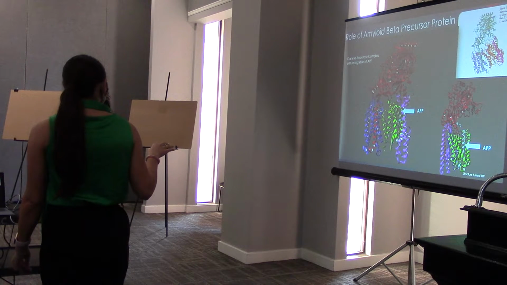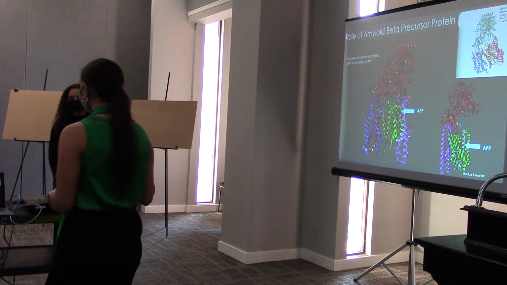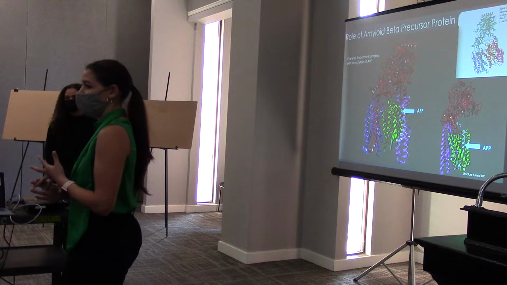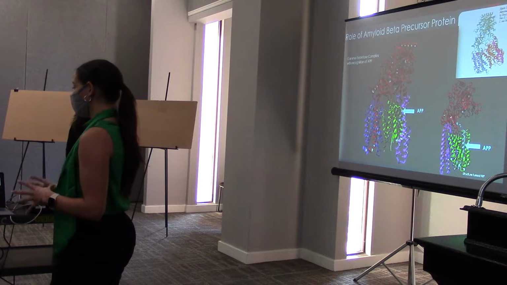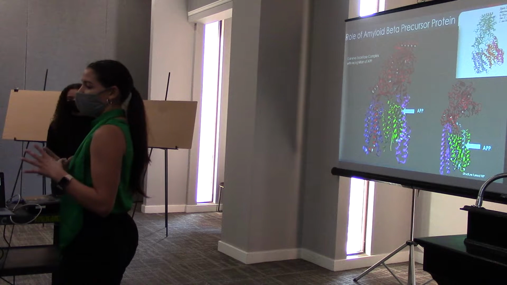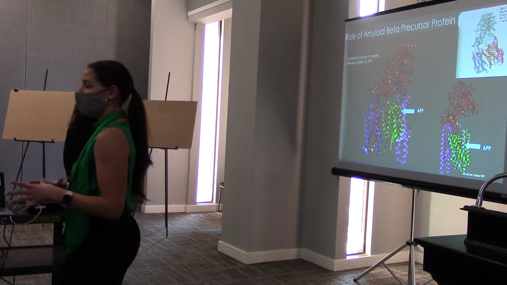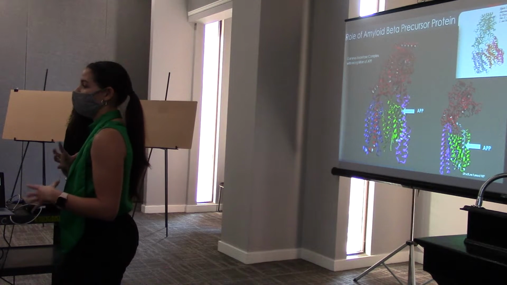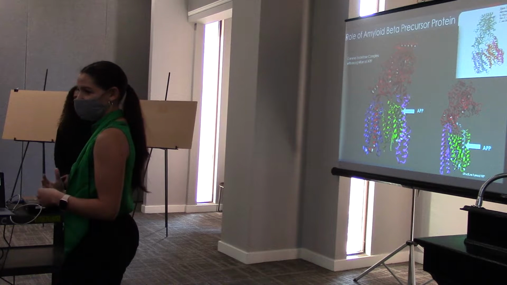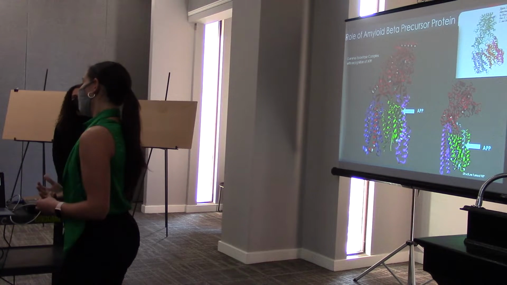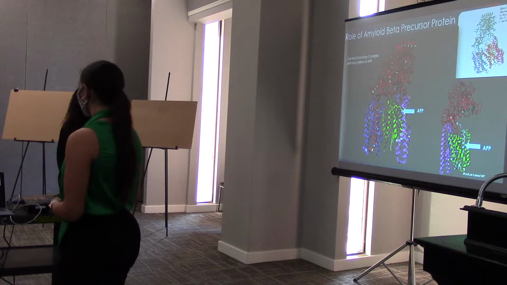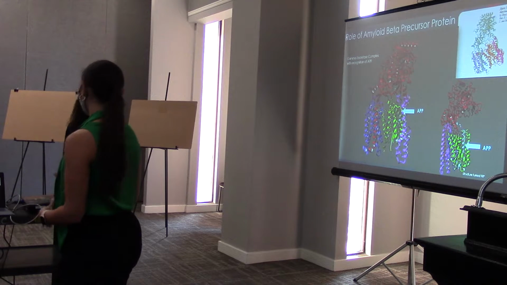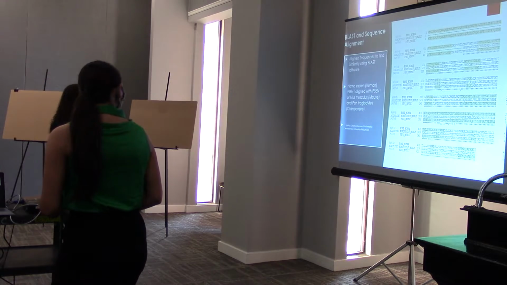So presenilin cleaves APP into smaller peptides that have toxic and non-toxic forms, and the more toxic ones are longer and more hydrophobic and create plaques. These plaques are found in brain scans of people who have Alzheimer's disease. These plaques are associated with brain degradation, so that's how it relates to ours.